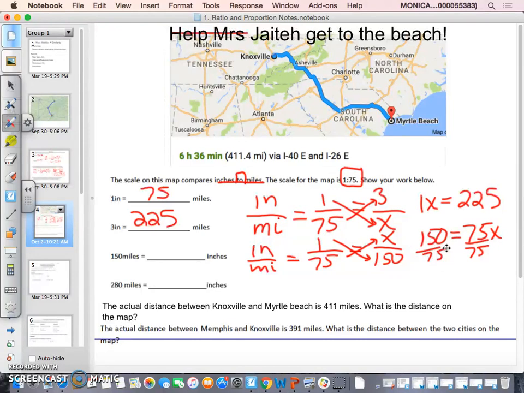And I get x equals 2. So that means if I go 150 miles on the map, it'd be equivalent to 2 inches. So that's approximately, I guess maybe to Asheville.